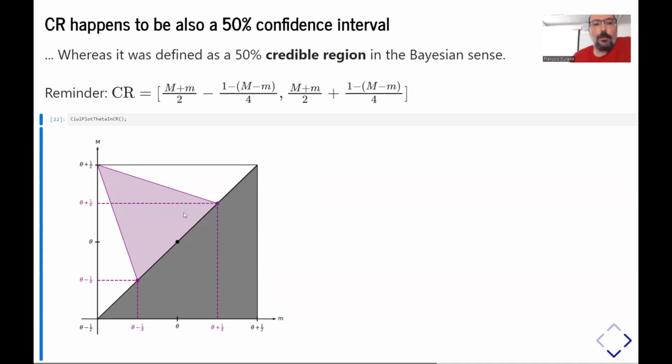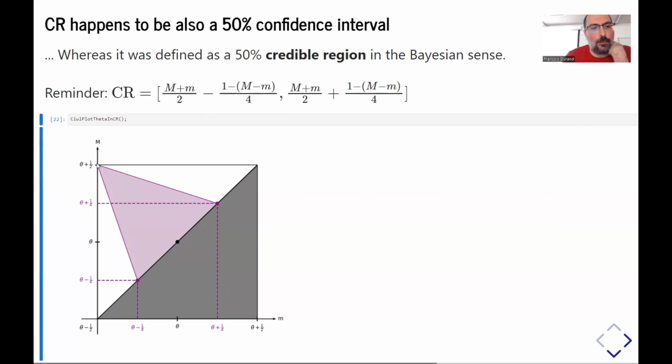Okay, so the credible region is defined like this. If you want to see, for example, if theta is in here, it means, for example, that this is smaller than theta. So this is a linear equation defining a line, and you see more or less that you will have something like 3 big M and 1 little m, or the opposite, which makes lines with slopes of 1/3 or 3.